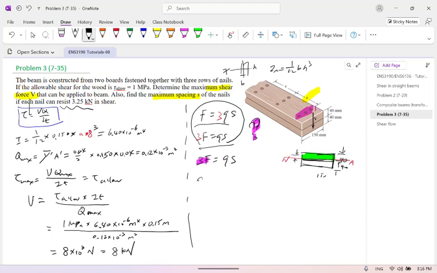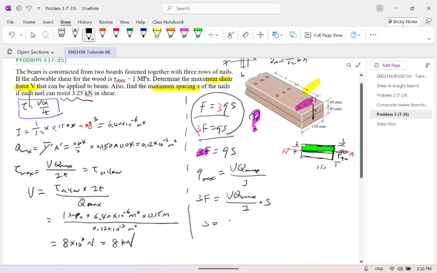If we know this, then our calculation will be quite easy. Q max will be equal to VQ max over I. From the previous one, we can say 3F is equal to VQ max over I times S, because the distance could be changed. So S will be equal to 3F I over VQ max.